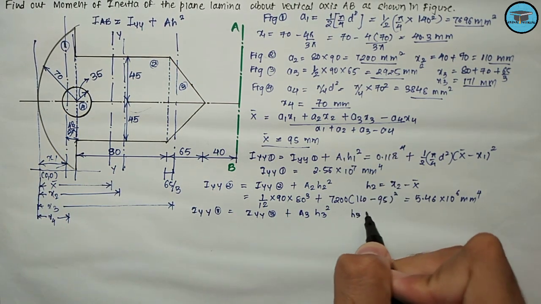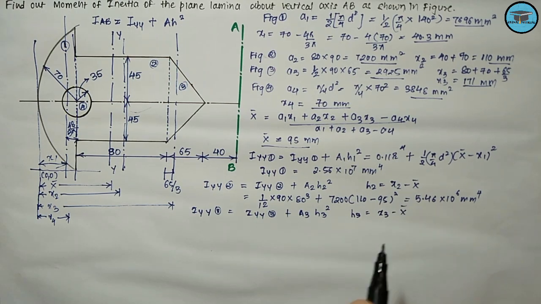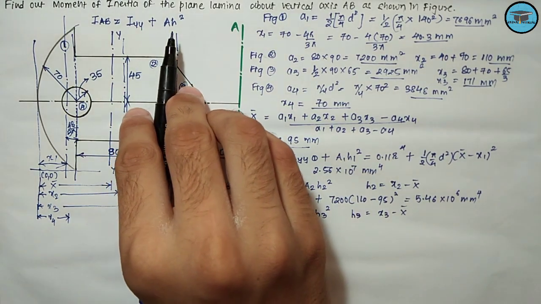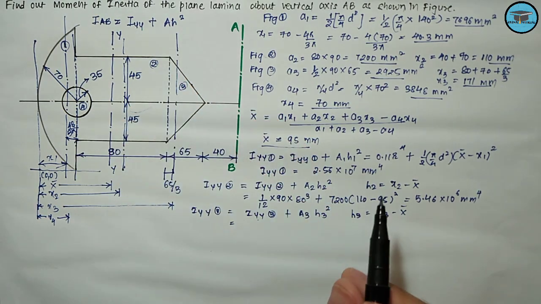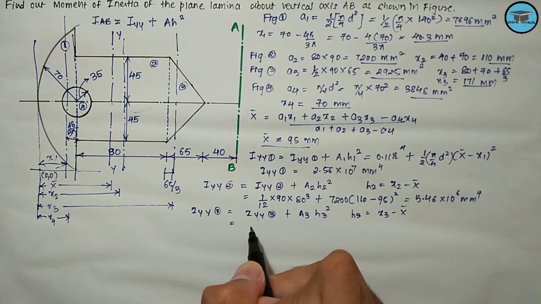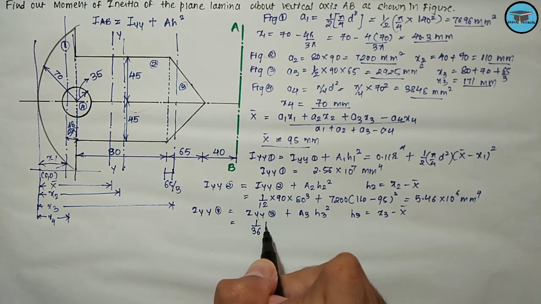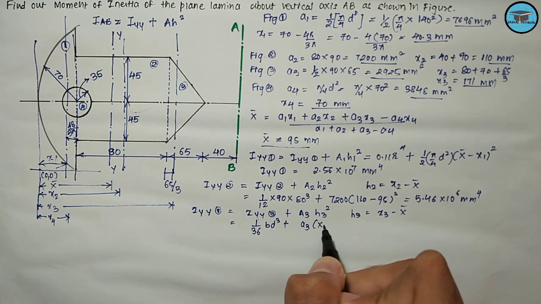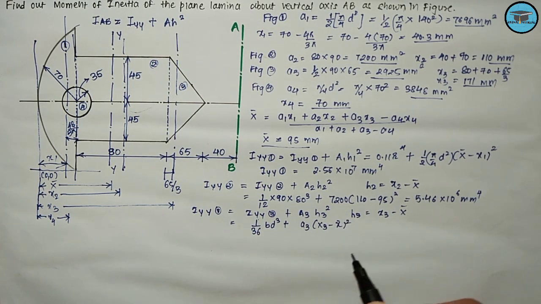So Iyy3, the moment of inertia about this axis, can be given as 1 by 36 bd cube plus a3 into x3 minus x bar whole square.